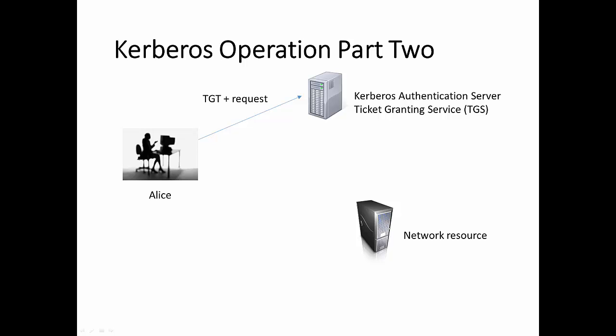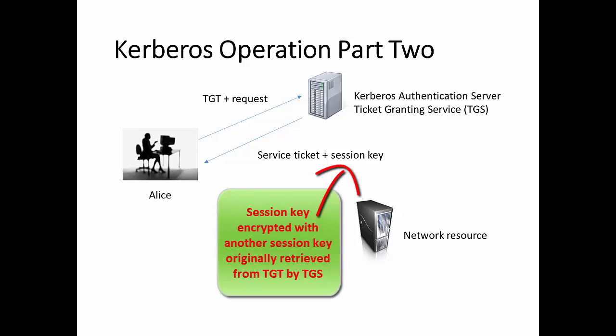ticket granting service. So what happens next is the ticket granting service sends back a service ticket with another session key. At this time, the session key is also going to be encrypted by the original session key Alice was using, which is the same one that was retrieved from the ticket granting ticket.